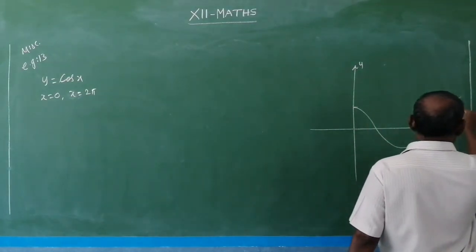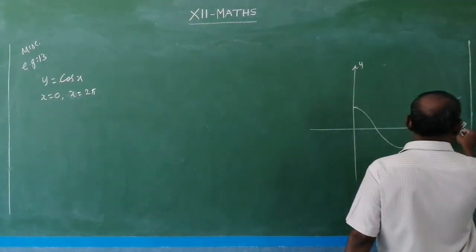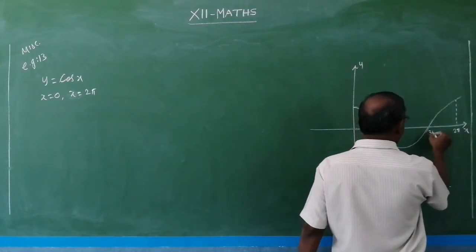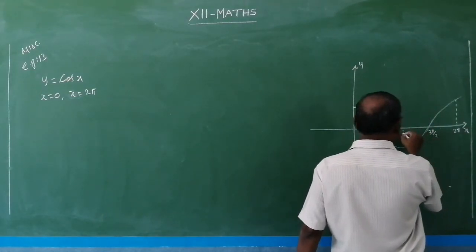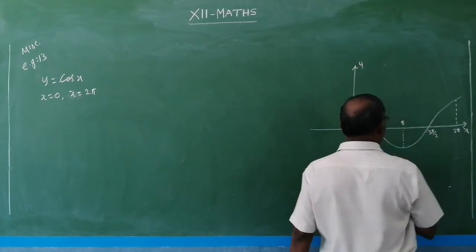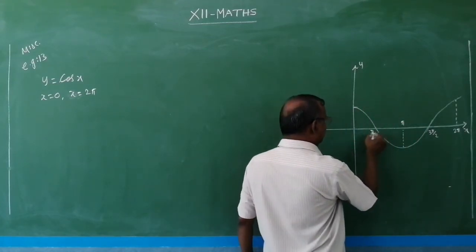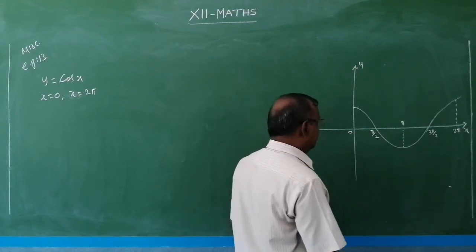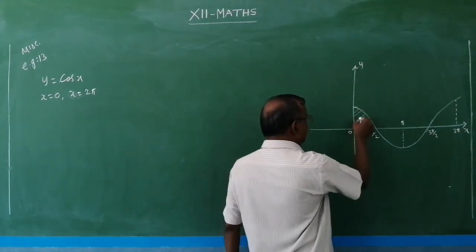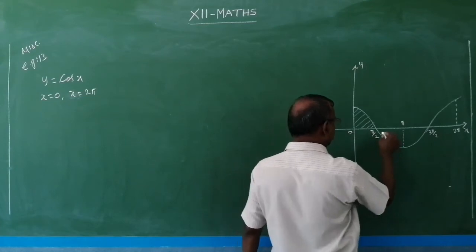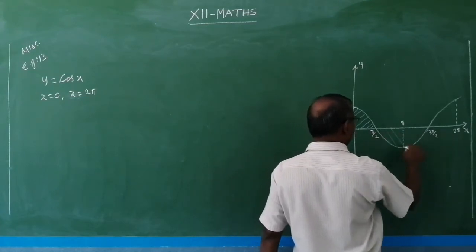So this is 2 pi, and this is 3 pi by 2, and this is pi. Its lowest value is -1. Here it is pi by 2, and this one is 0. Here there are 3 regions.